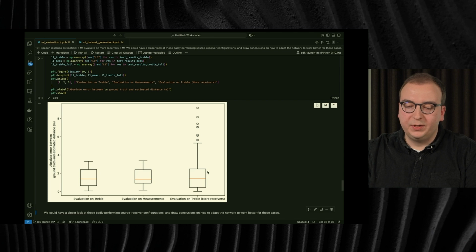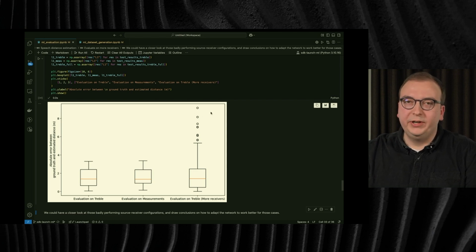And on the right side, we see the Treble simulations where we have a lot more receiver positions in there. And we see, of course, there are similarities between all of those, but what is very clear as well is that we have more receivers, and some of them seem to be outliers where the performance of the network is not as good as for the 20 selected points that we were able to measure.